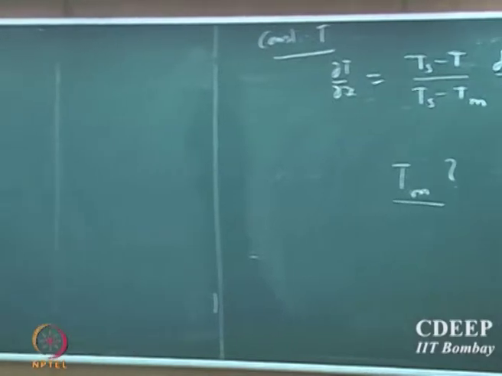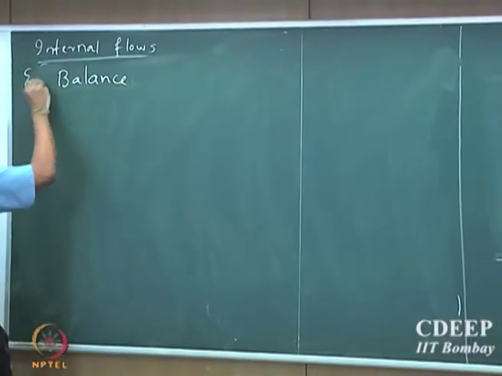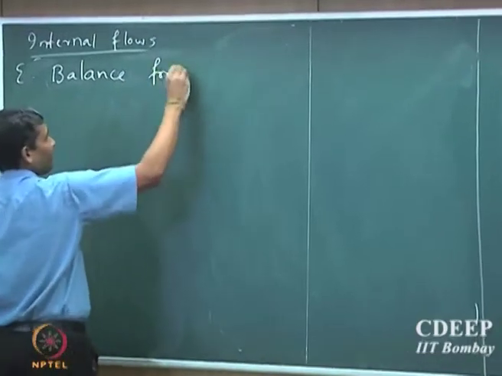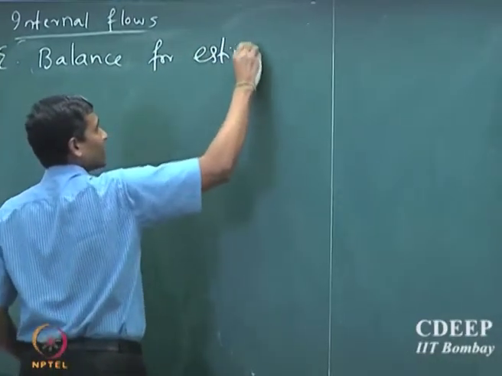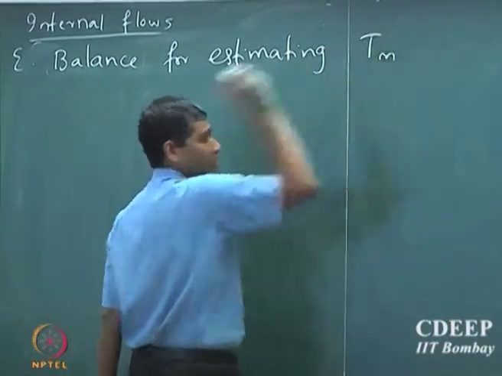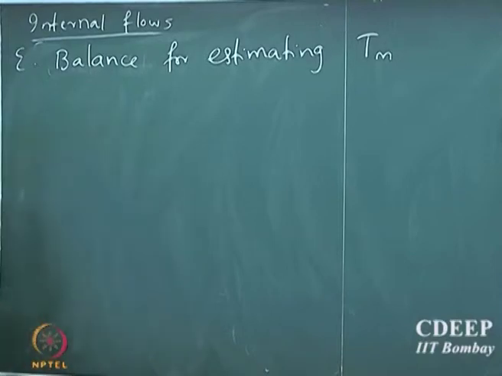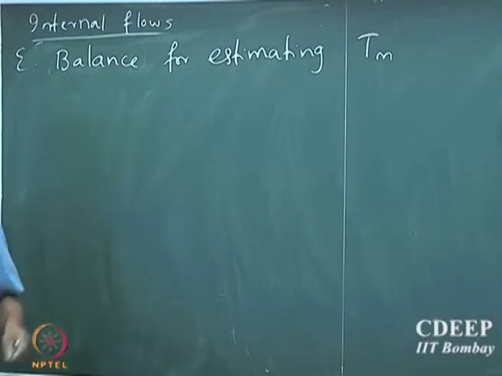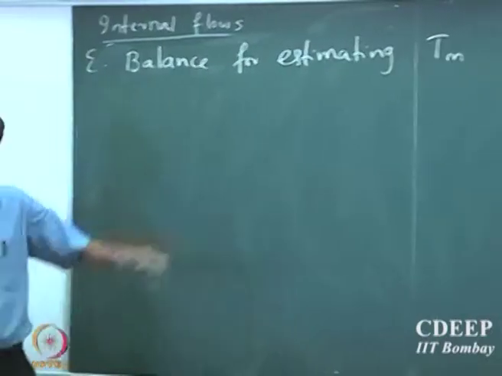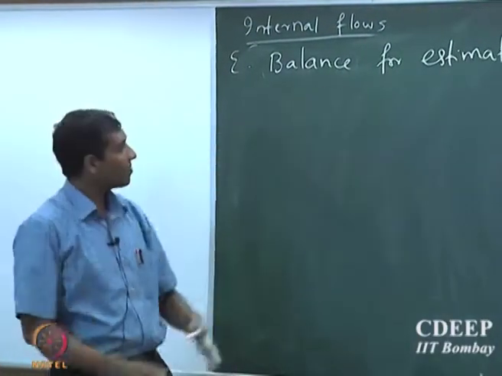So what we are going to do is write an energy balance for estimating the cup mixing temperature Tm. This is very similar to the lumping I talked about during conduction. If you have a full temperature profile, you can integrate in the radial direction and you would get the same energy balance, and it's a good exercise to try out.